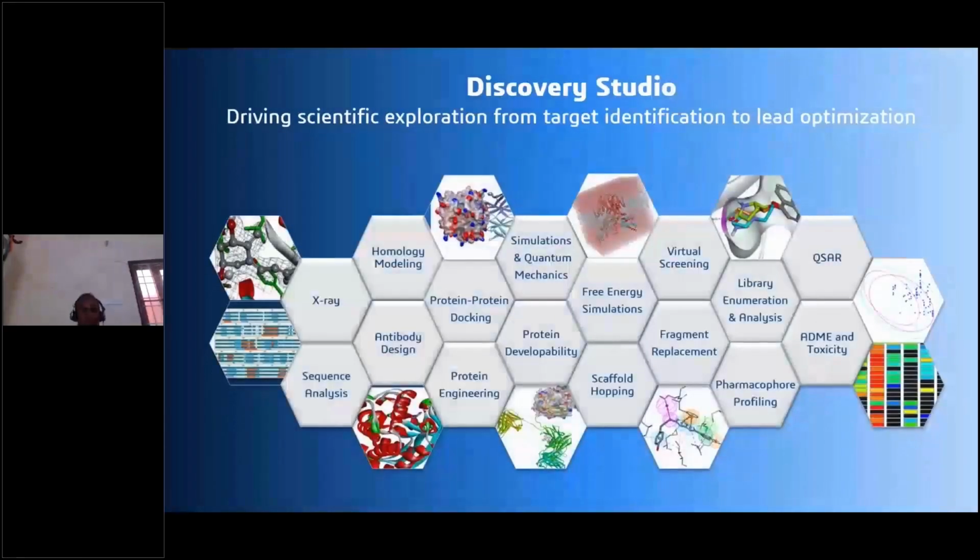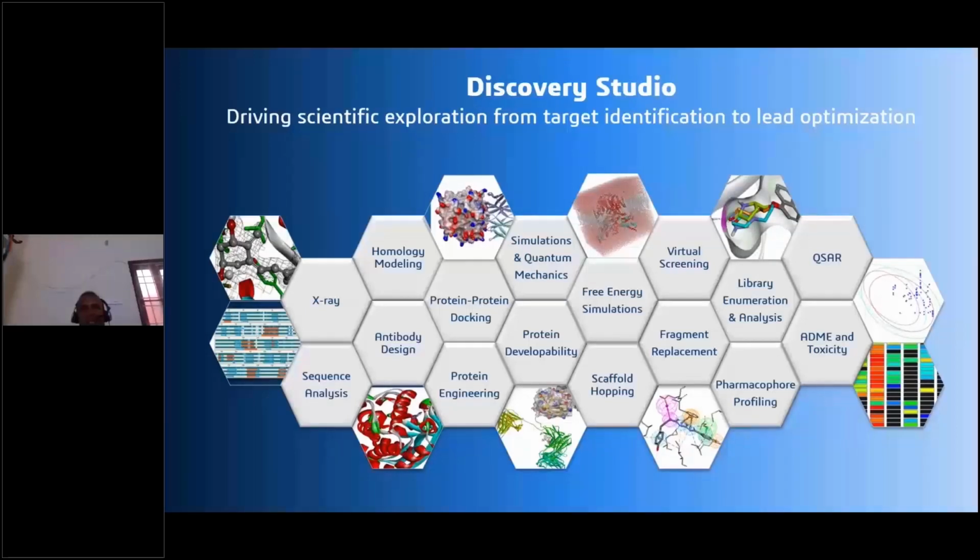So this is a broad showcase of what is capable with Discovery Studio, from the target identification to lead optimization. What you see on the left hand side is related to protein targets: homology modeling, X-ray, sequence analysis, antibody design, protein docking, protein engineering.